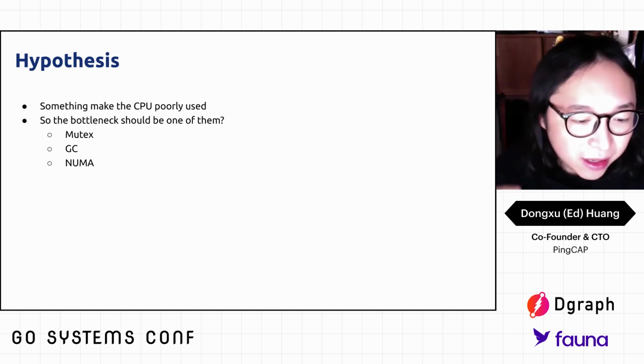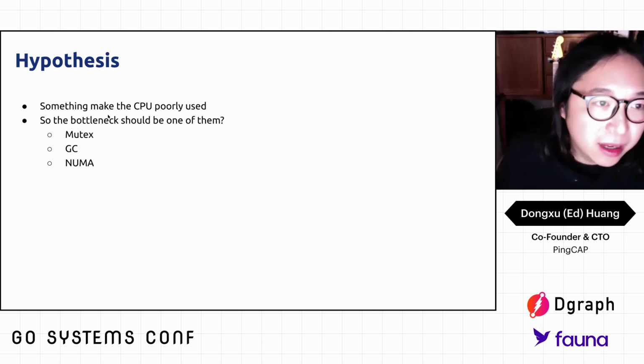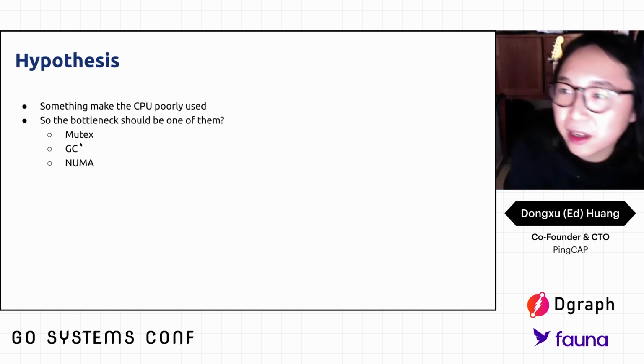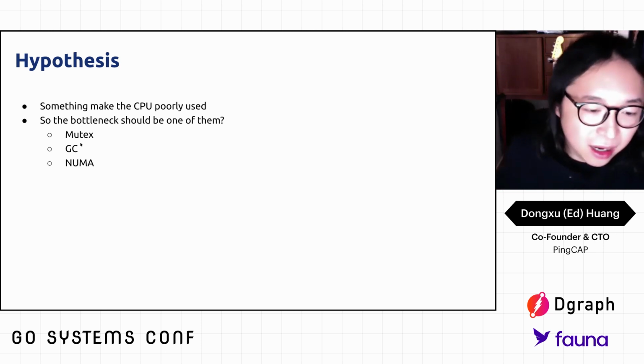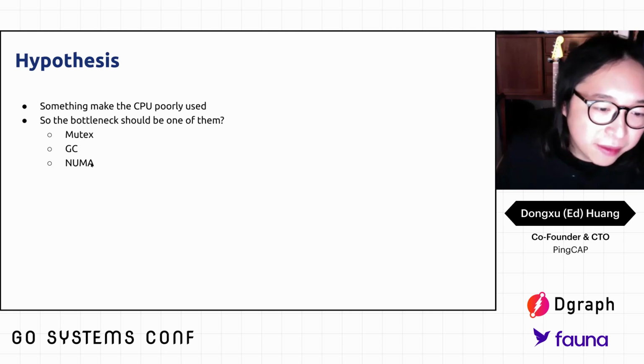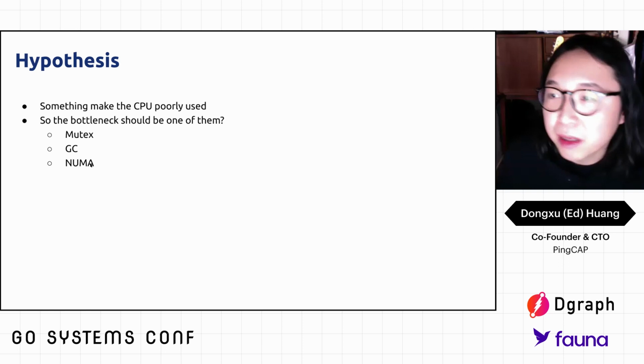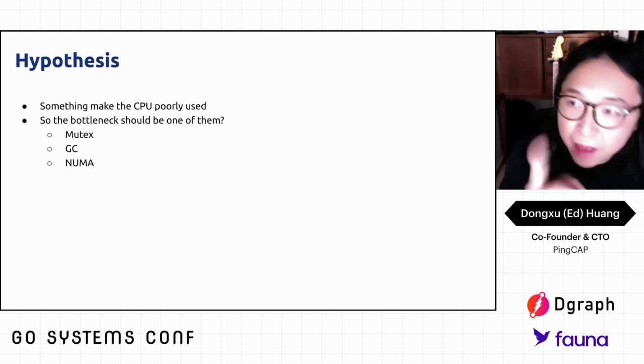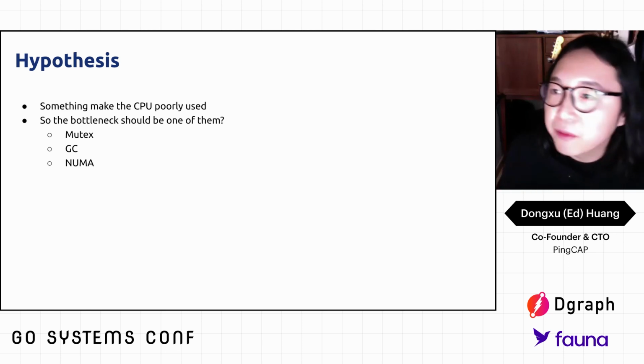Let's make some assumptions: there may be some logs, some mutex, maybe the GC module just like the previous case, or some NUMA deployment related problems, and we can verify them one by one.